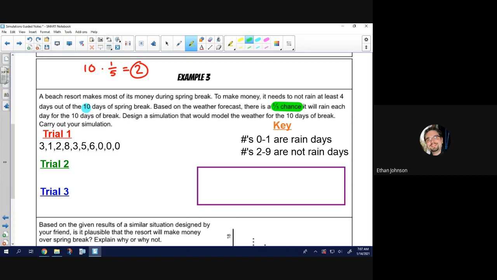The rain days I have are 1 and 3 zeros. So chance for rain on this would be 4 out of 10. So would they make money? Yes, they would.